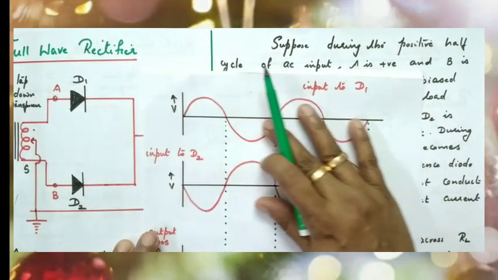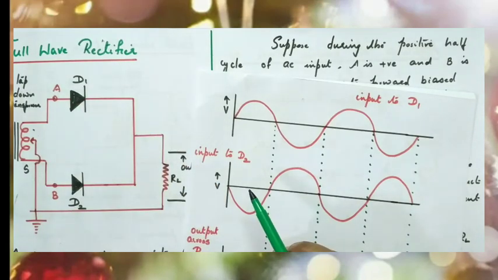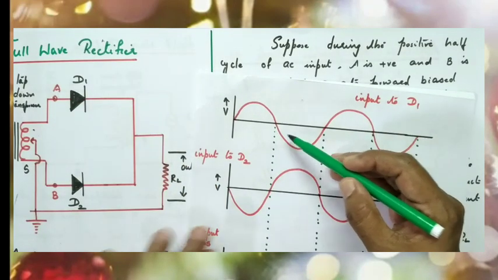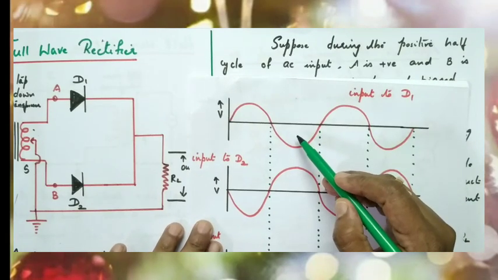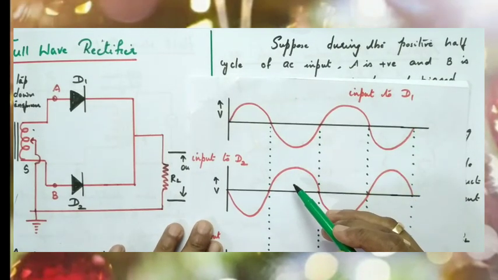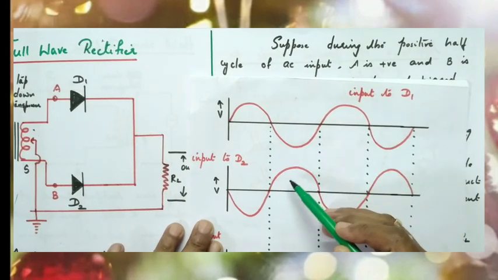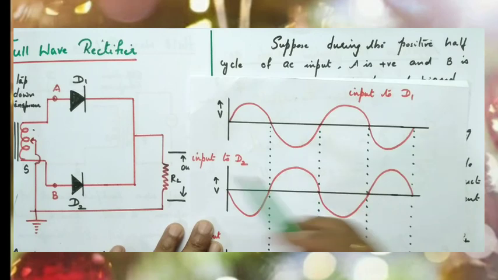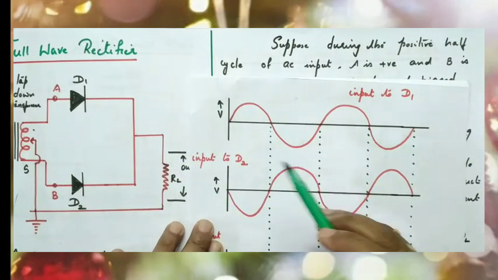So the output is obtained only due to D1. During the negative half cycle, diode D1 gets a negative half and diode D2 gets a positive half. Hence diode D1 is reverse biased, diode D2 is forward biased, and again we get the output due to D2, and the process continues.